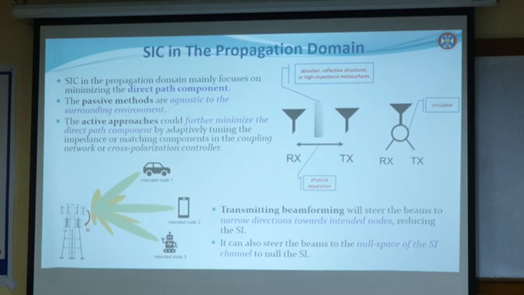There are a few techniques people have used to cancel as much self-interference as possible. Transmit beamforming can steer the beam in a narrow direction towards the intended node to reduce the self-interference, or it can steer the beam to the null space of the self-interference channel to null the self-interference. I will tell you a little bit about these null space projection techniques later on.